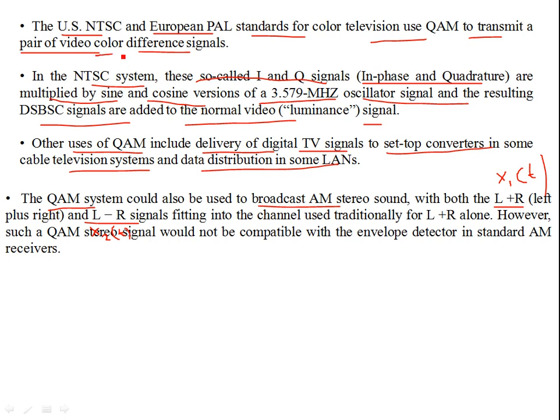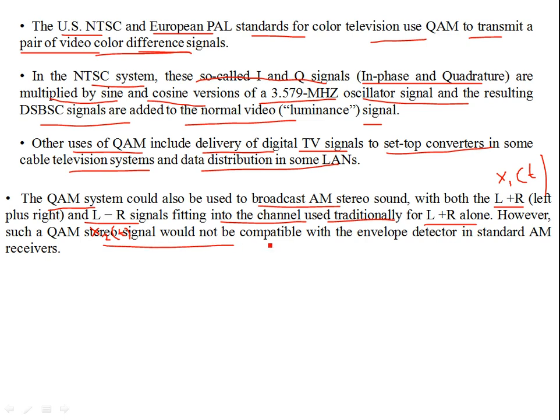In television they can be different color signals. So depending on the application, you can preserve the bandwidth and send these two independent DSB-SC signals. For example, in AM stereo, both left plus right and left minus right signals fit into the channel traditionally used for left plus right alone.